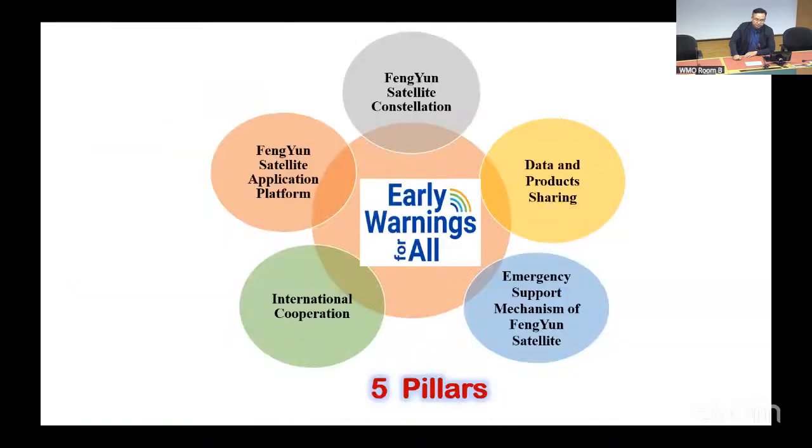The Fengyun meteorological satellites are operational satellite members of WMO and GEOSS, and also on-duty operational satellites of the International Charter on Space and Major Disasters. There are five main pillars to support Early Warnings for All.